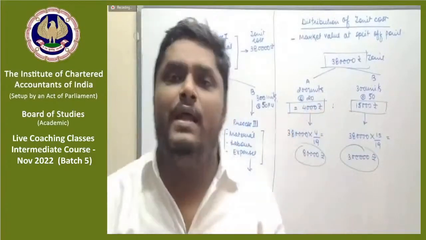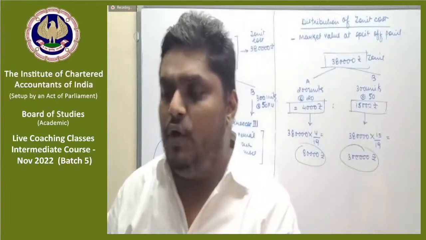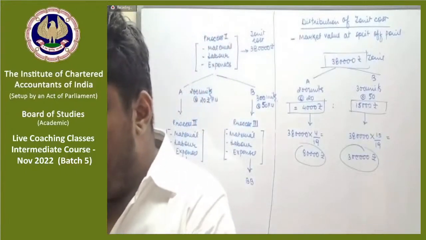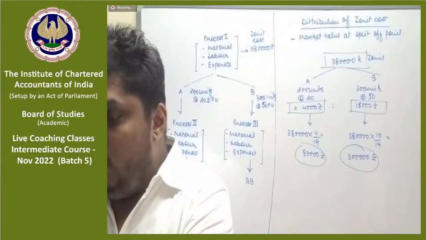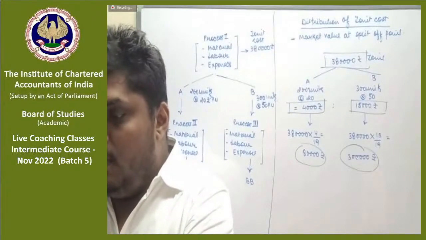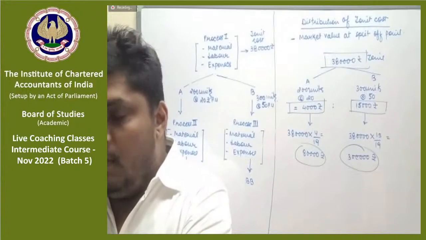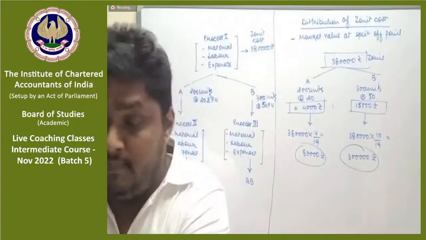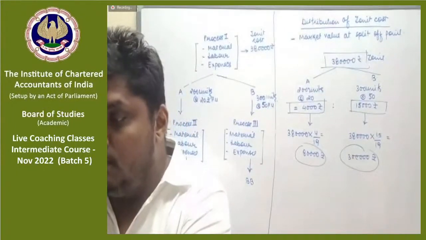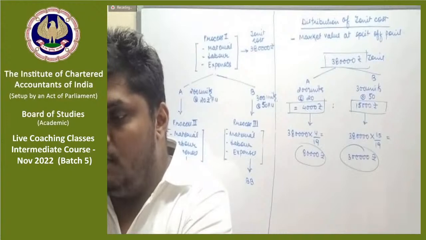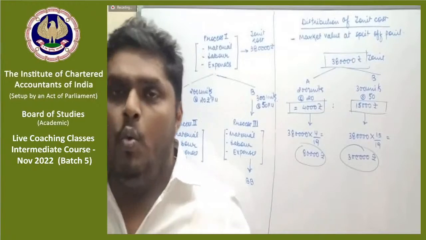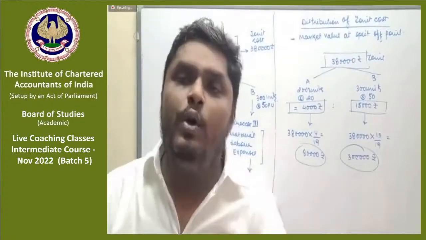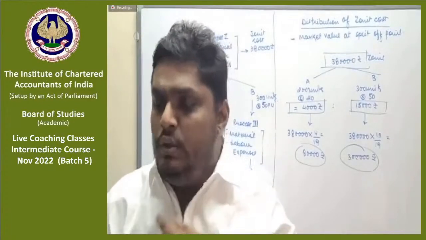If you guys have any doubts, you can please ask me. Waiting for your queries, guys. Very good, Rajiv. Very good, Madhuri. Why this method? How to apply this method? If you have any doubts, you can ask me.